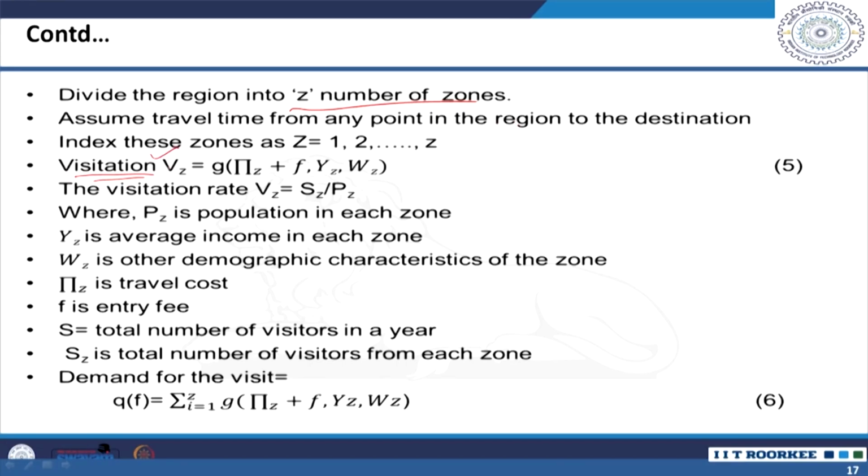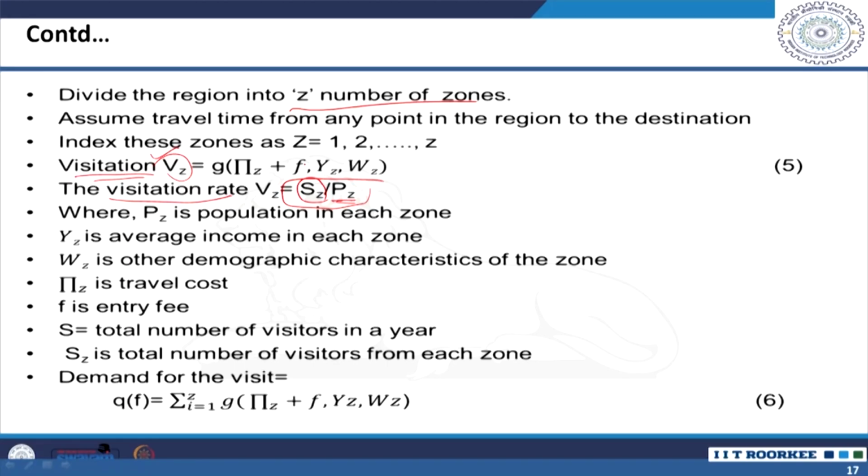As you understand, visitation rates will be influenced by certain variables. So, we can find out the visitation rates by dividing the number of visitors, that is Az, by the population in each of the zones. By doing this exercise, we can find out the visitation rate from each of the zones.